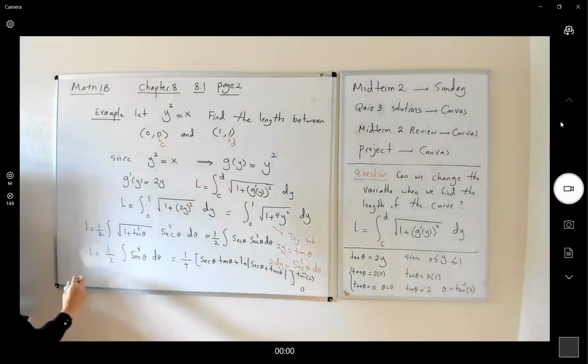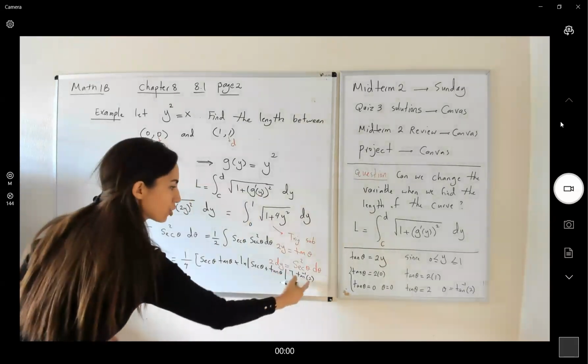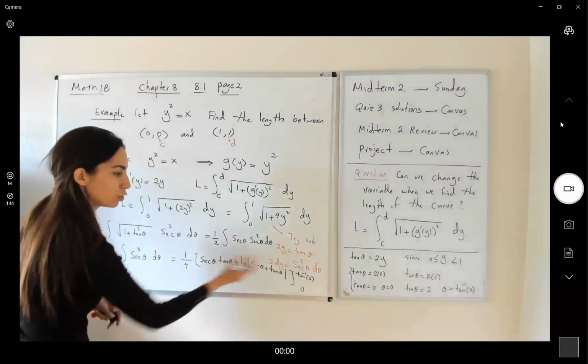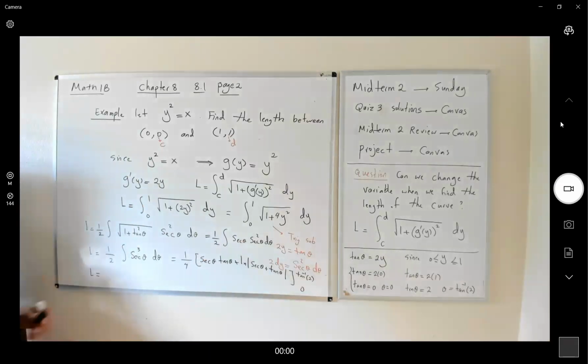So eventually we plug in everything here. After we plug in inverse tangent of 2, you have to use your calculator to find this value, to find the theta. You plug them all in.